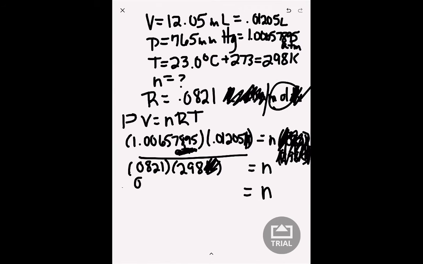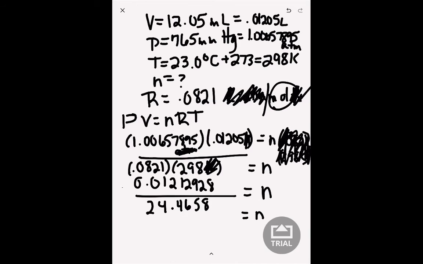And that gives me 0.0121298 on the top. And again, I'm not rounding till the very end. On the bottom, 0.0821 times 298 gives me 24.4658. Okay.